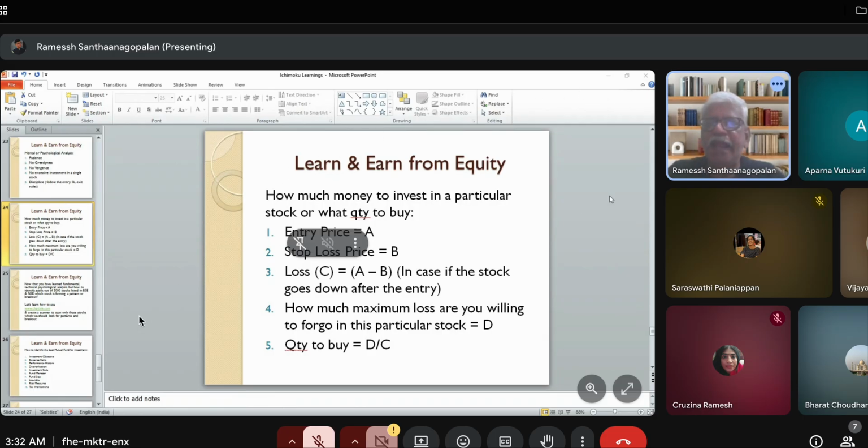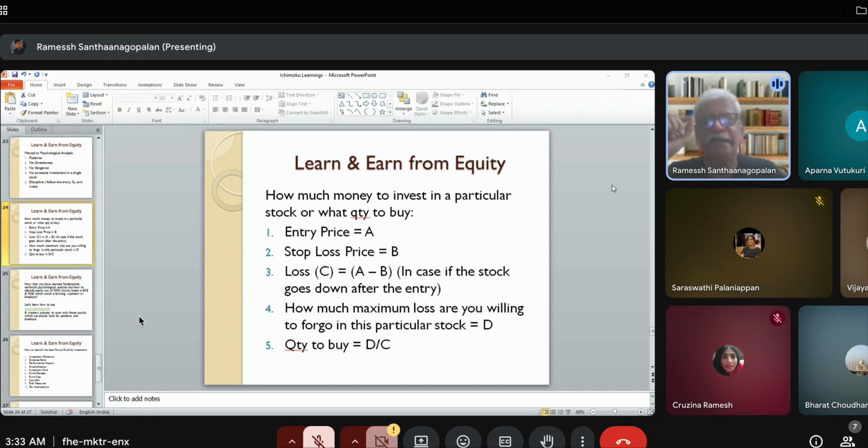Entry price is A, stop loss is B. So A minus B is the loss, C, in case the stock goes down from the entry. Now you have to consider how much maximum loss you are willing to forego in this particular trade, this particular stock.